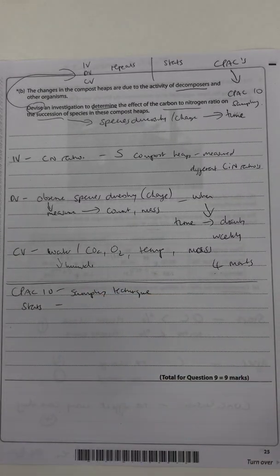You could be looking at Spearman's rank if you're doing it over time. But obviously, if you're comparing two different compost heaps, you might be looking at a t-test as well. So actually, either one of those things, as long as you're clear how you're using it, would be fine. You don't really know much about those things yet, which is cool. We will be going through that in the next few weeks. But bear in mind that statistical things are going to be done.